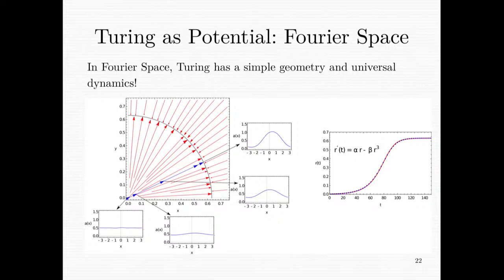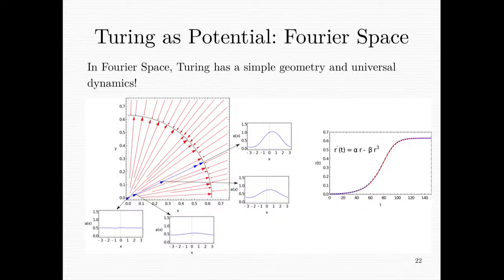Again, this is part of a classic exercise if you work out what Turing was doing: there's a dispersion relation and there are a few modes that are unstable. So instead of thinking about it in the original space, can I think about the geometry in Fourier space? It turns out the geometry in Fourier space is much simpler to think about.